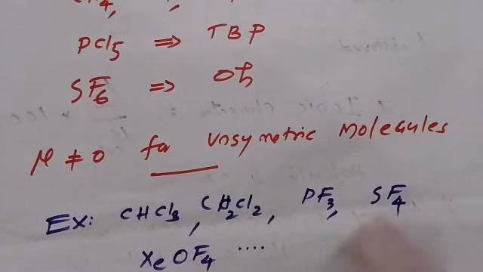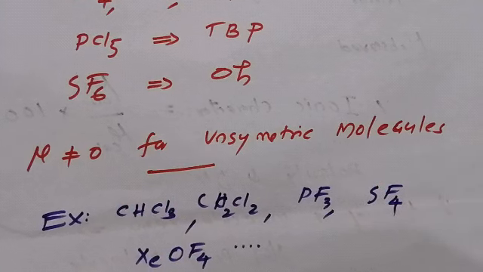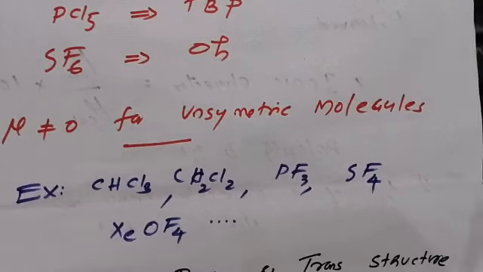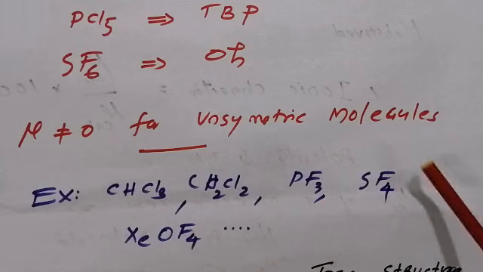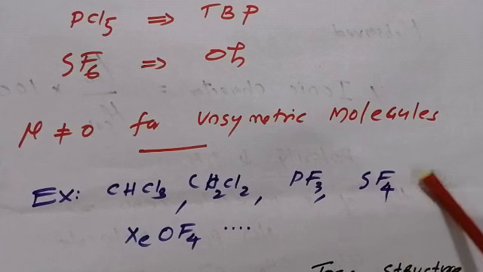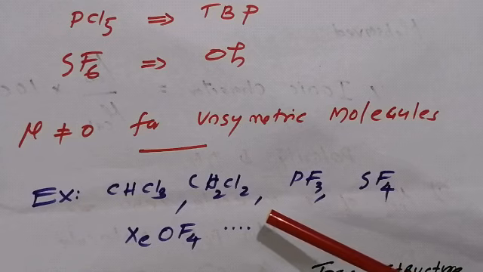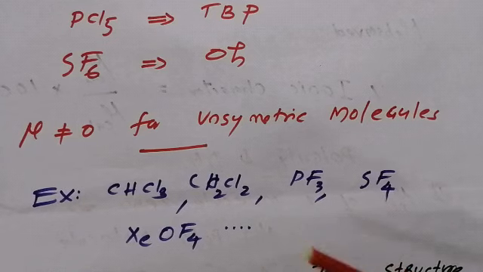Now, mu is not equal to 0 for unsymmetric molecules. What are the examples? Chloroform, dichloromethane, PF3, SF4, XeOF4. The dipole moments of these molecules are not equal to 0.